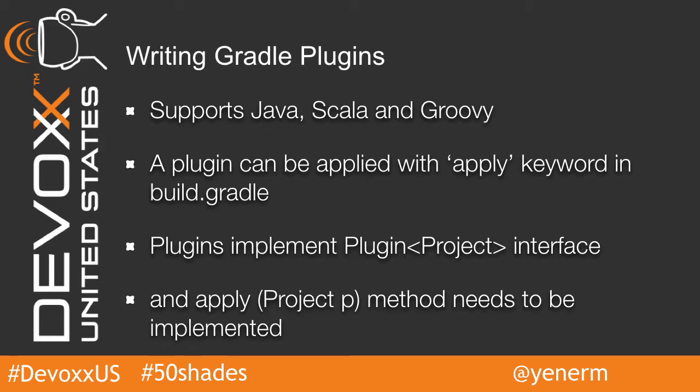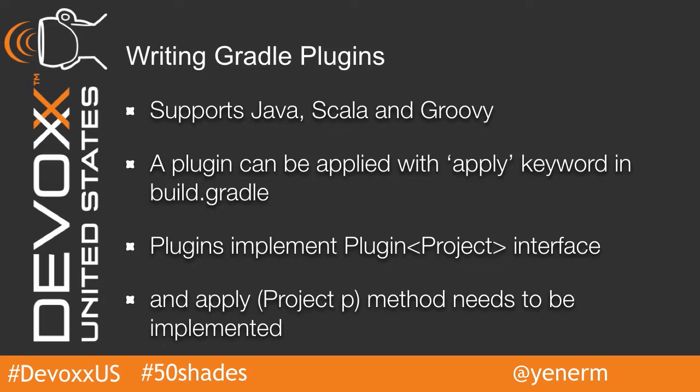Finally, writing Gradle plugins. Another thing I was interested in. OK, I really like to write plugins, I guess. So another thing I wanted to know was how to write Gradle plugins. Gradle supports Java, Scala, and Groovy. I mostly experimented with Java support, of course.